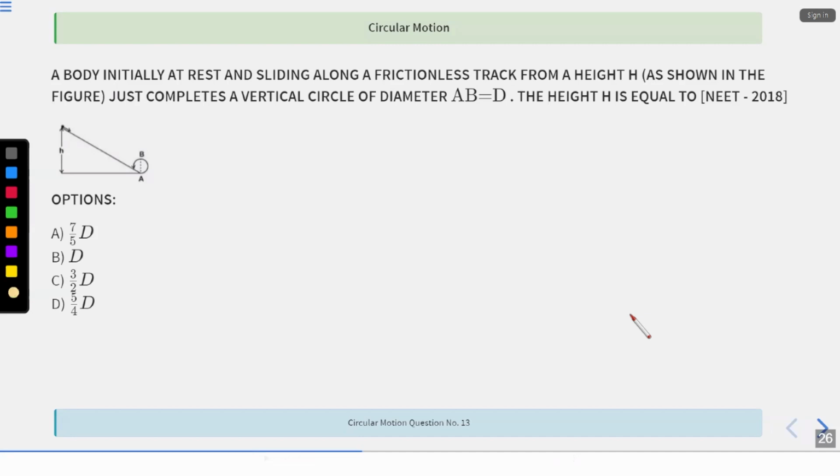This completes a vertical circle of diameter AB equal to D. The height h is equal to what? So they have given that the track is frictionless. So what do we know if it is given frictionless? That means there is no loss of energy.